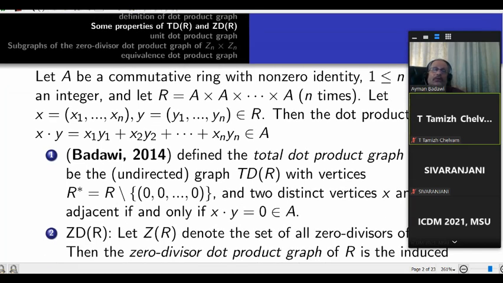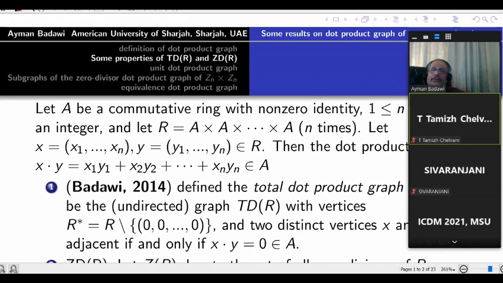So what do we mean by the total dot product? For the total dot product, we take the vertices to be R star, that means R take away the zero element. And remember that R is the product of A, n times.